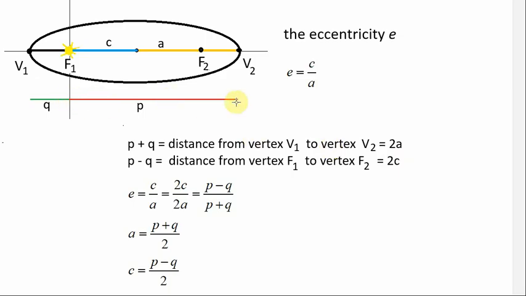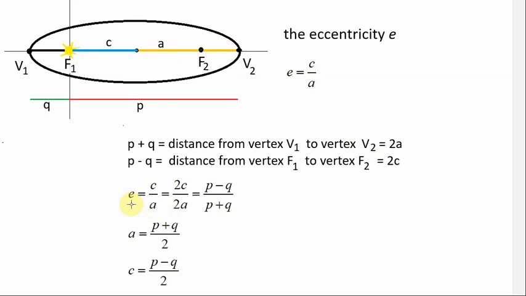And then P minus Q is going to be the distance from F1 to F2. So we're taking this segment right here and then subtracting from it this much. And we get the distance from F1 to F2, which is 2C.